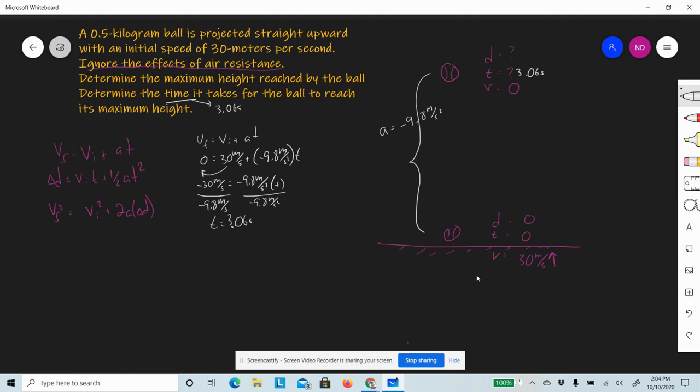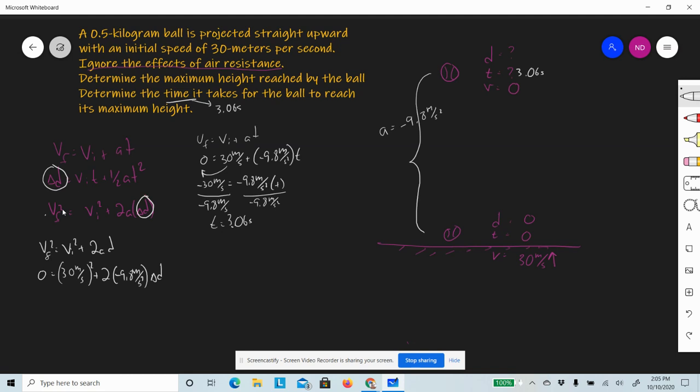Now we want to know the distance. Here you could use either this equation or this equation. It doesn't matter. Choose. You're going to get the same answer either way. Let's do this one first. We'll do them both. VF squared equals VI squared plus 2AD. VF squared is going to be 0. VI squared, it was 30 meters per second. That's squared. Don't forget to square it. Plus 2 times negative 9.8 meters per second squared times the change in position.